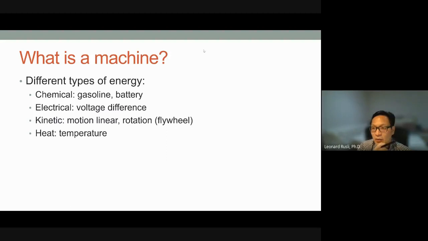In fact, make a guess of the typical efficiency of a car engine. What is the conversion efficiency in percentage? Anybody want to make a guess?